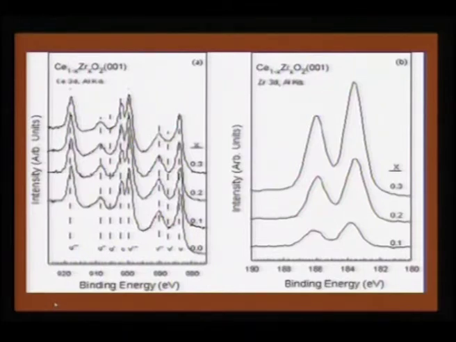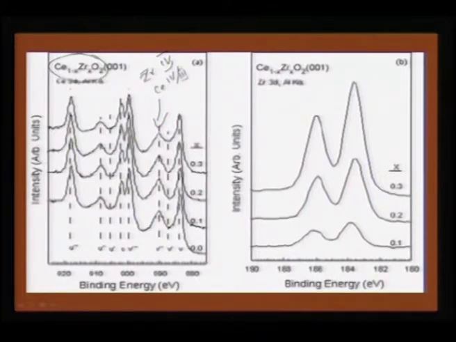For example, if we are going to make a systematic substitution of zirconium into ceria, then this technique can be a very successful one. As you would see here, with substitution of zirconium, this 890 eV peak is decreasing in intensity. Why? Because zirconium is in 4+ and cerium can exist in both 4+ as well as 3+.